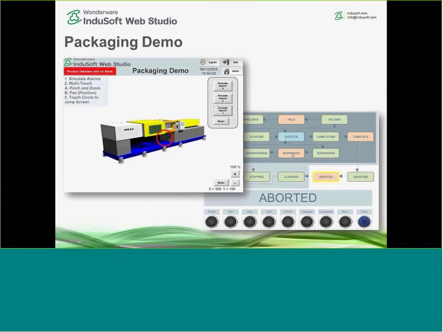Among having several screens, there's a PackML screen in here, as well as a different concept that we haven't done before, which is showing a machine and allowing multi-touch with pan and zoom and pinch and zoom, as well as this neat concept where, depending on the alarm that you get, it will highlight an area of the machine with a circle and then allow you to touch on that circle and then open a PDF, a screen, a video, whatever you choose. So I'll show you how I'm doing that.